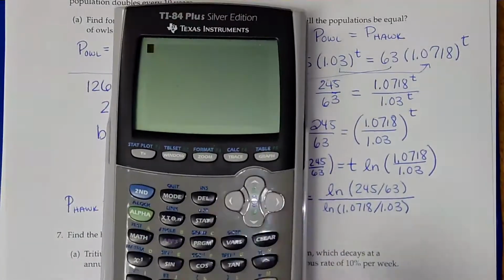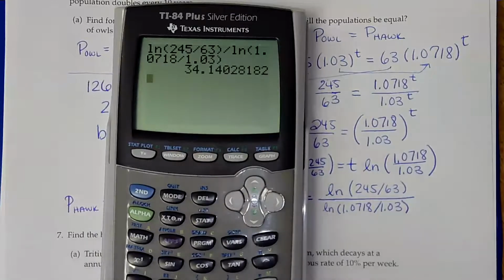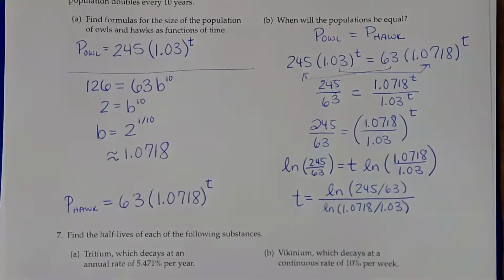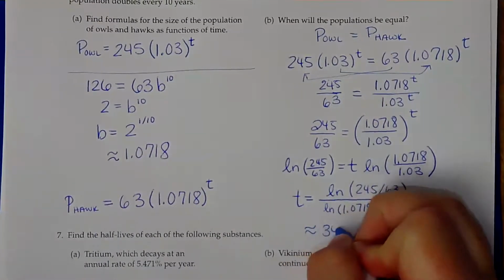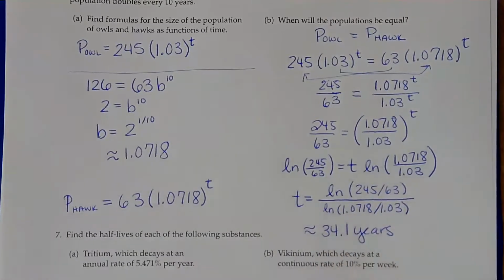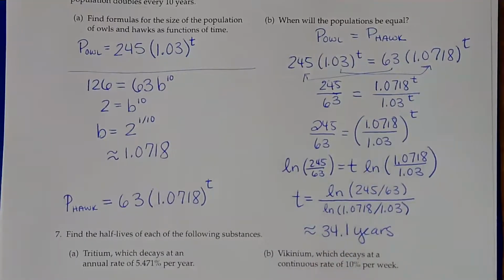So I have ln of 245 divided by 63, and I'm going to divide it by ln of 1.0718 divided by 1.03. And that gives me about 34.1 years. So after about 34 years, the owl and the hawk population will be pretty close to equal.